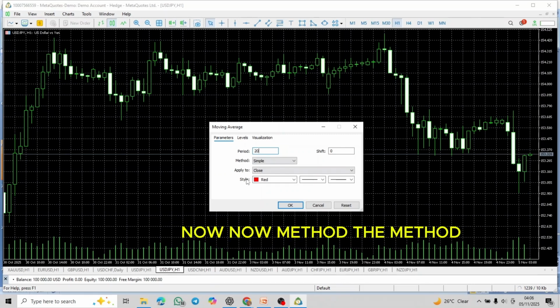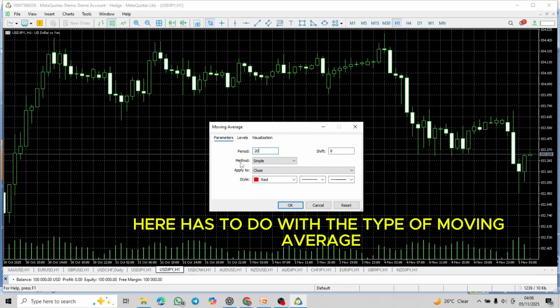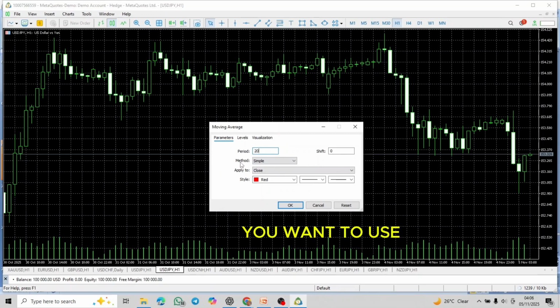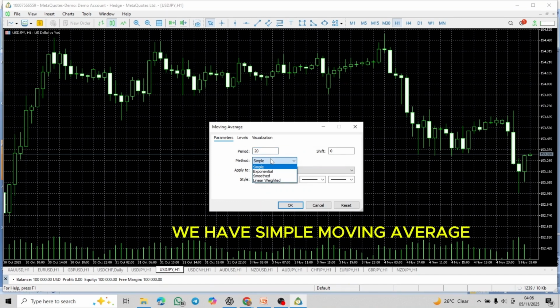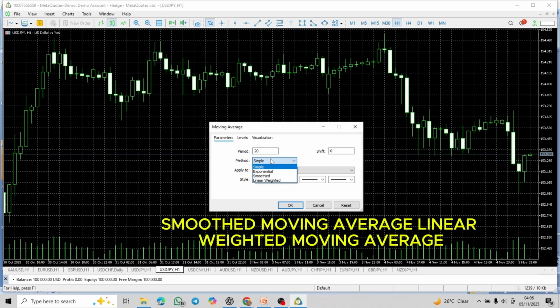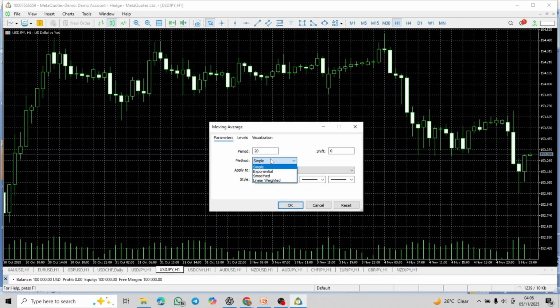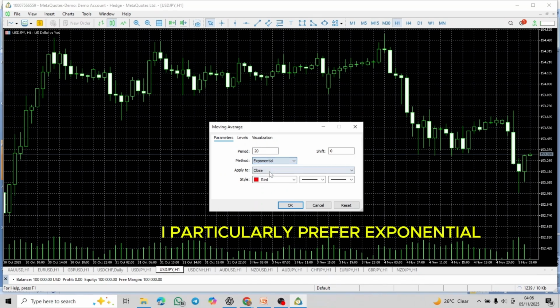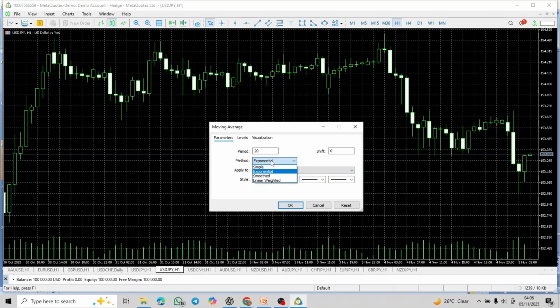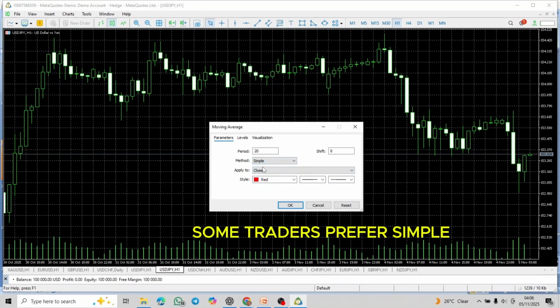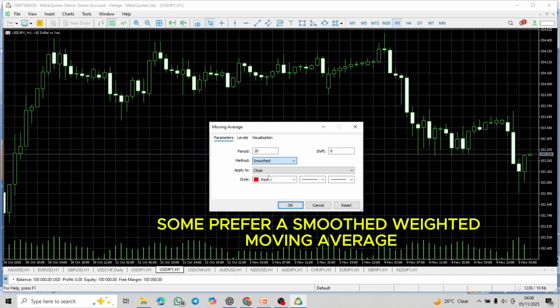Now the method here has to do with the type of moving average you want to use. We have available on this platform simple moving average, exponential moving average, smoothed moving average, linear weighted moving average. I particularly prefer exponential, but you can use whichever one you like. Some traders prefer simple, some prefer smoothed.